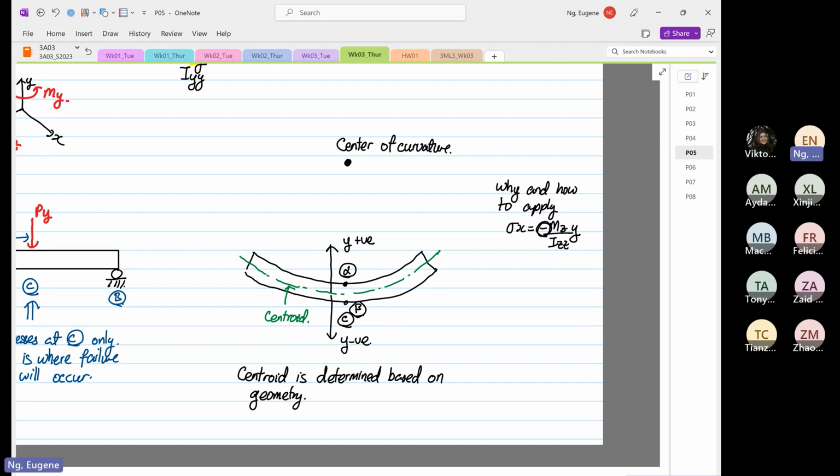Now, based on the observation from the deformation, at the top, it's going to be going through what? Anyone? Compression, because the circumference on that surface is smaller than the one furthest away from the center of curvature. And over here, it's going to go through what? Tension.